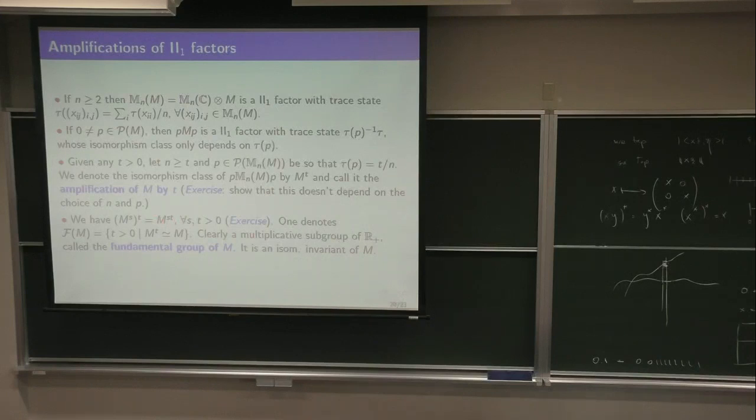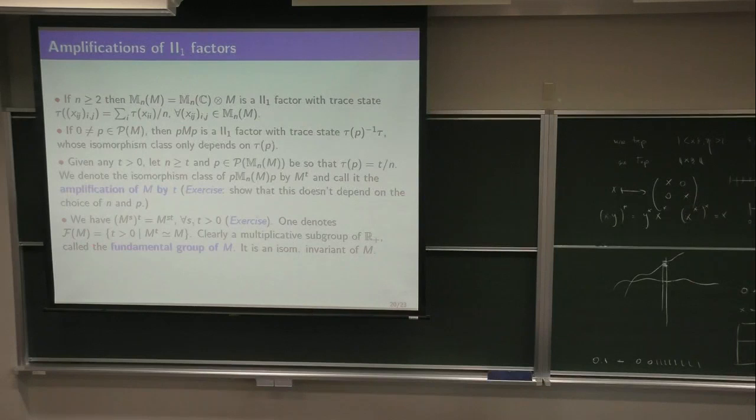So you have this obvious formula. By the way, M to the s, attention, unless you take s to be an integer, this is non-canonical. It gives you an isomorphism class, but nevertheless we view it as a II1 factor, okay? But it's an isomorphism class, okay?